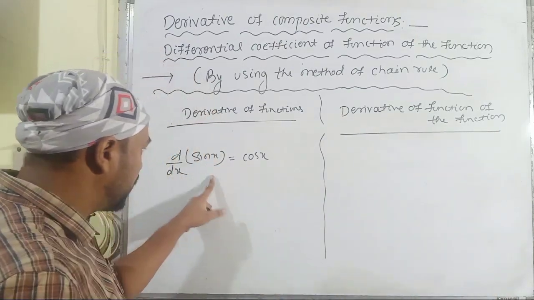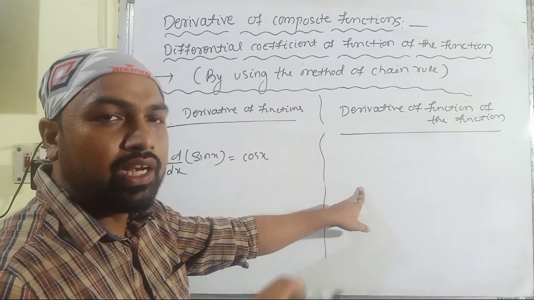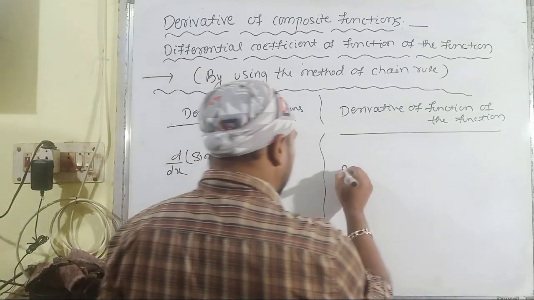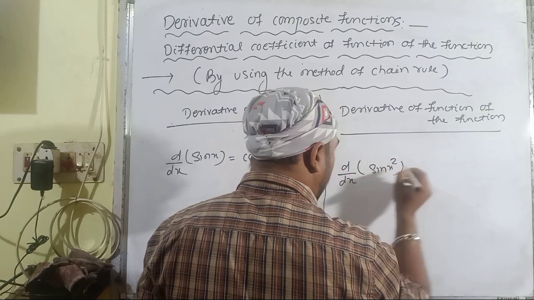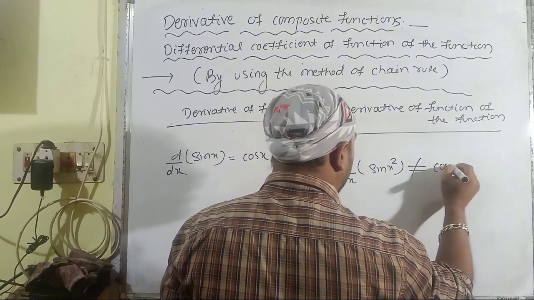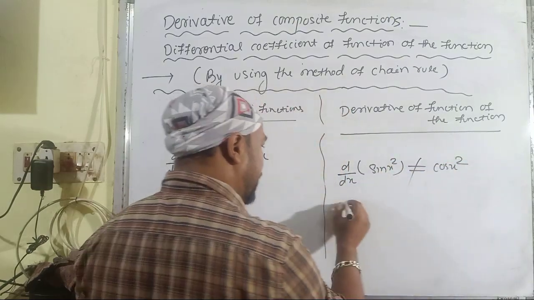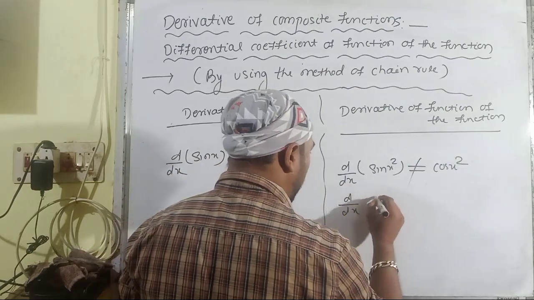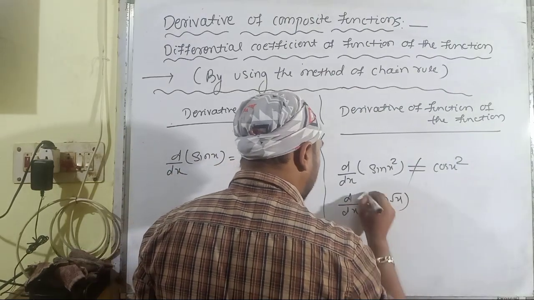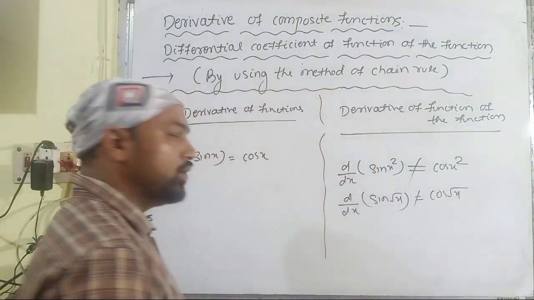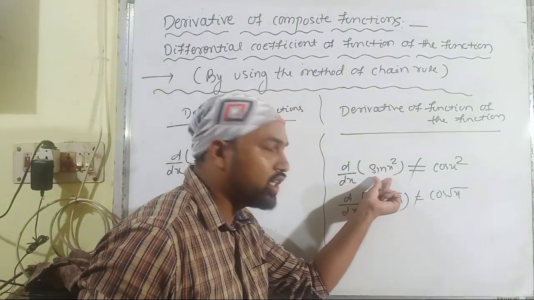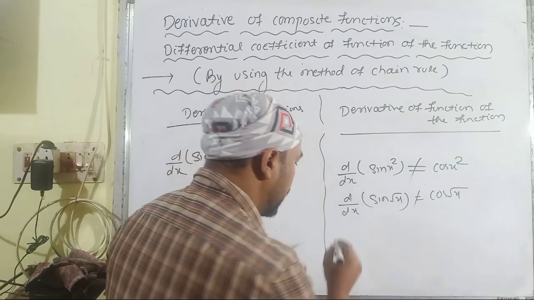If you use this method here, it will be wrong. That means the differentiation of sin x square is not equal to cos x square. Similarly, differentiation of sin root x is not equal to cos root x, because this function is a composite function.